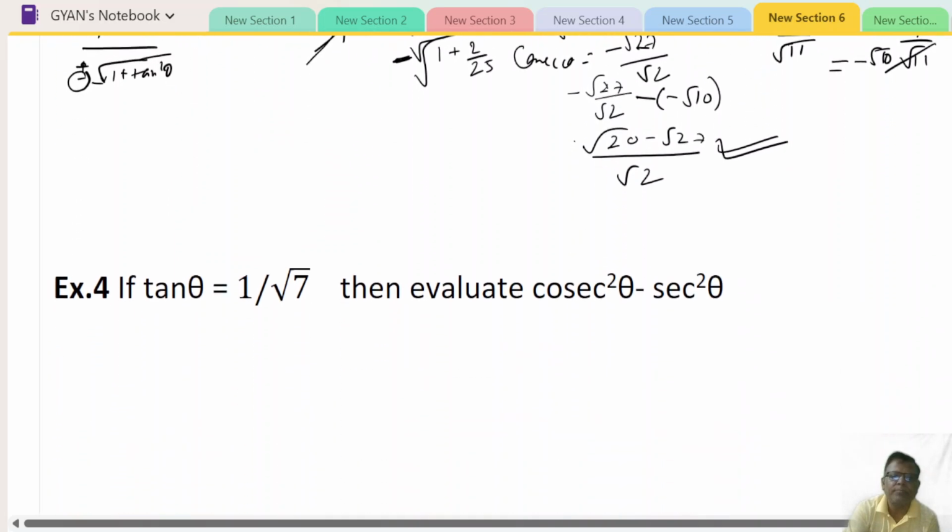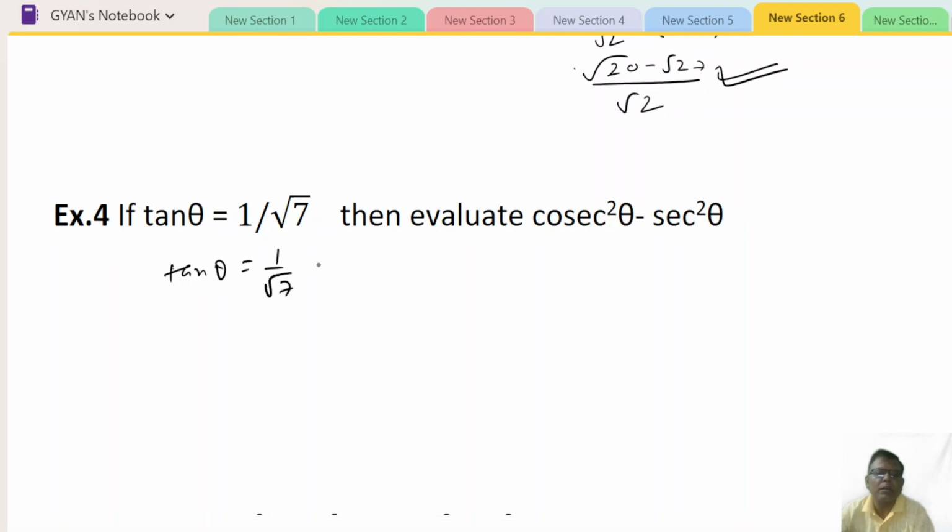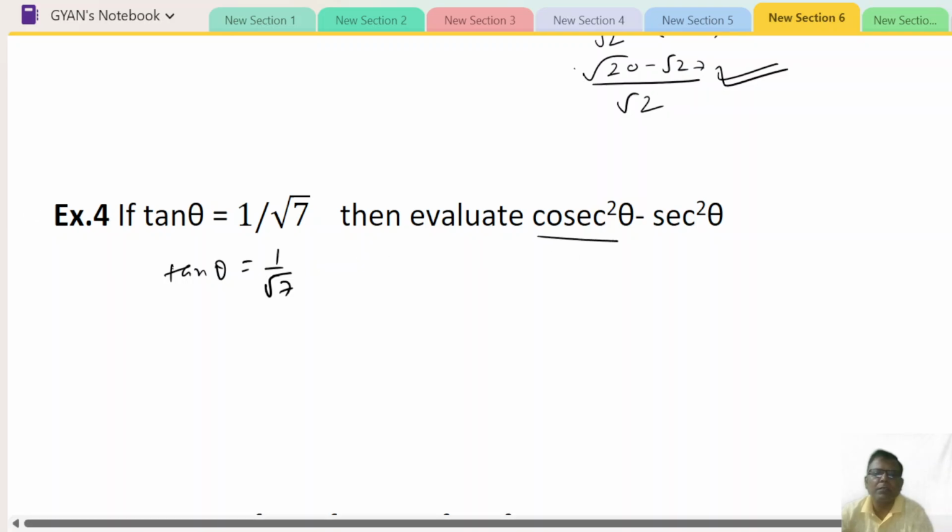Now come to the fourth question. It is given tan theta is equal to 1 by root 7. Then converting, cot theta is equal to root 7.